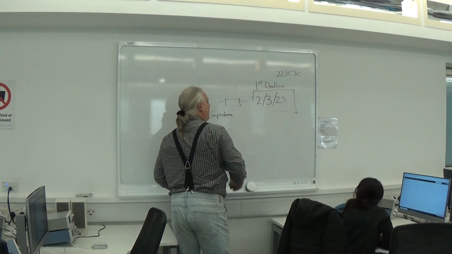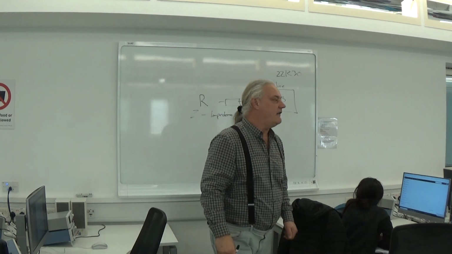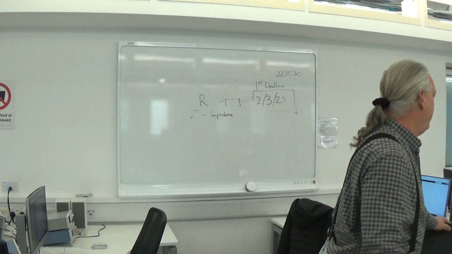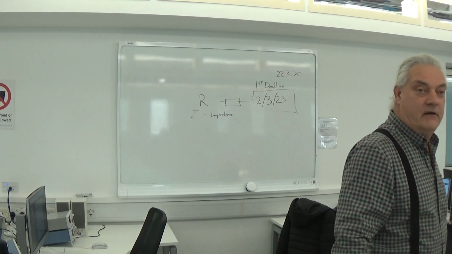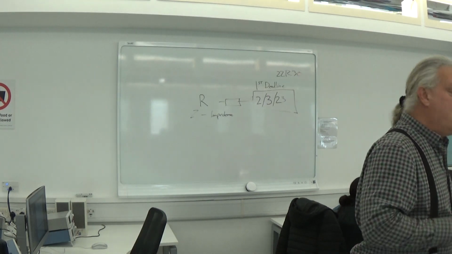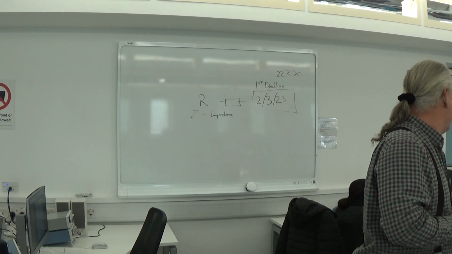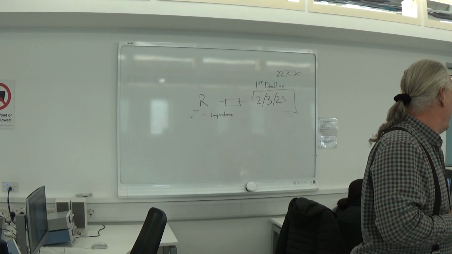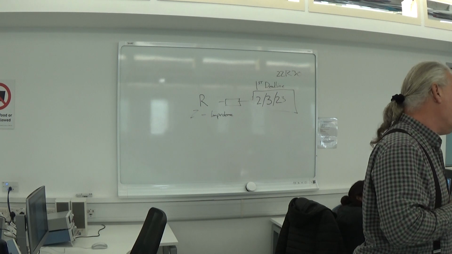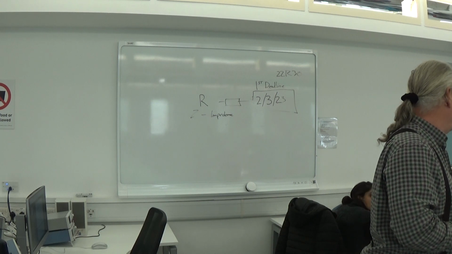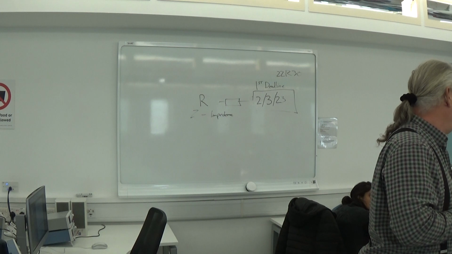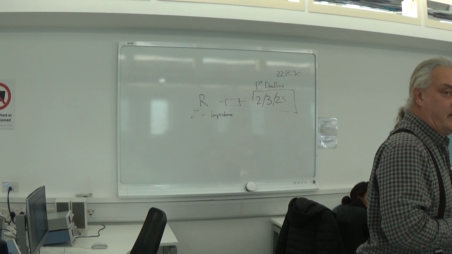So what's the difference between resistance and impedance? That's quite a tricky one to answer, really. Difference between resistance and impedance. Okay. Resistance is going to stay constant regardless of the frequency. Impedance is going to change as a function of frequency.